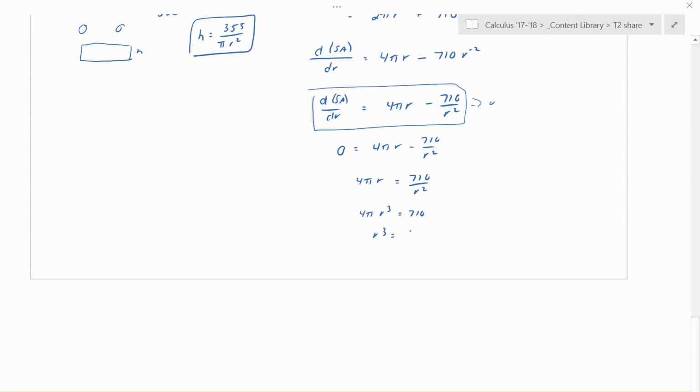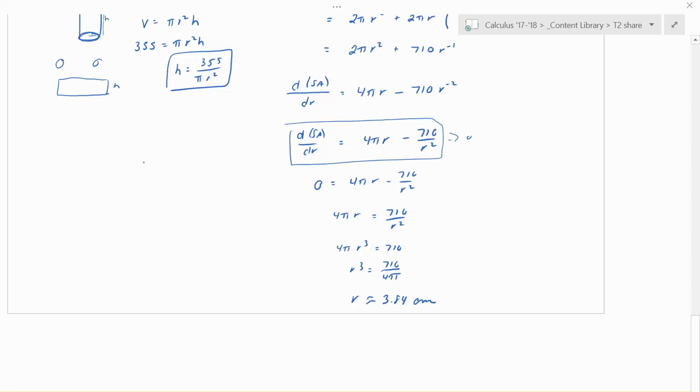R cubed equals 710 over 4 pi. Take the cube root of each side, and r is approximately 3.84 centimeters. My height then is 355 over pi r squared, which is approximately 7.67 centimeters.